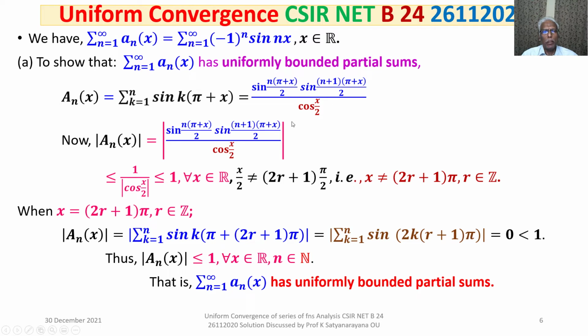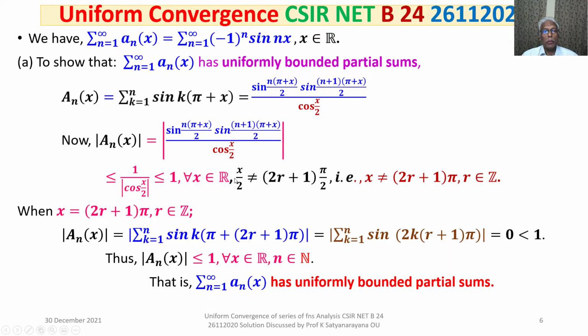When you take the modulus, it is less than or equal to 1 by |cos(x/2)|, since |sin| is less than or equal to 1. And cos also takes the highest value 1 when taking the modulus. It is less than or equal to 1 except for those values where cos(x/2) is equal to 0.